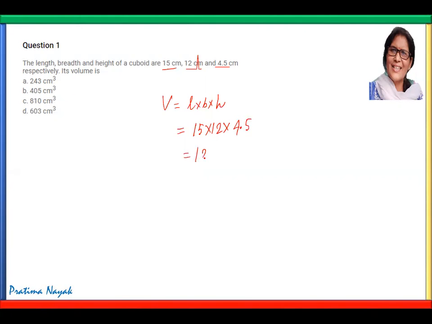So this will be 180 multiplied by 4.5. The answer will be how much? It will be 810 centimeter cube. 180 into 45, you can multiply 18 5 times 9, 90, 9, 18 4 times 72, 72 plus 9, 810. So C is the answer.